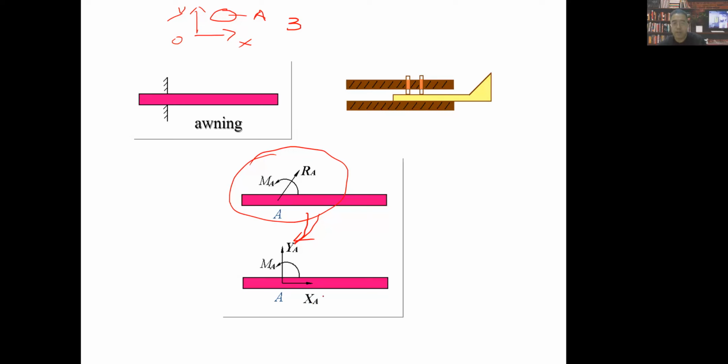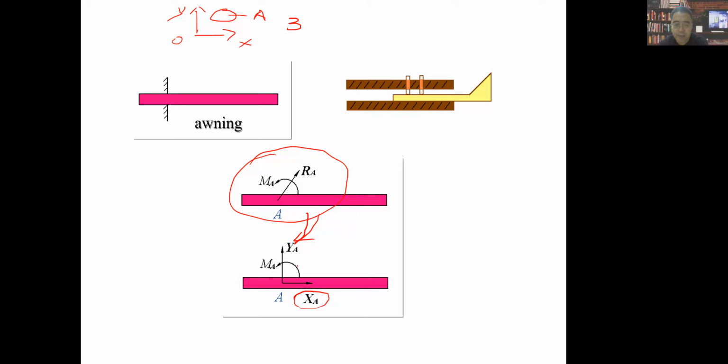So we can think this XA tries to prevent the translational movement along x-axis from happening, right? And this YA will prevent this translational movement along y-axis from happening, right?